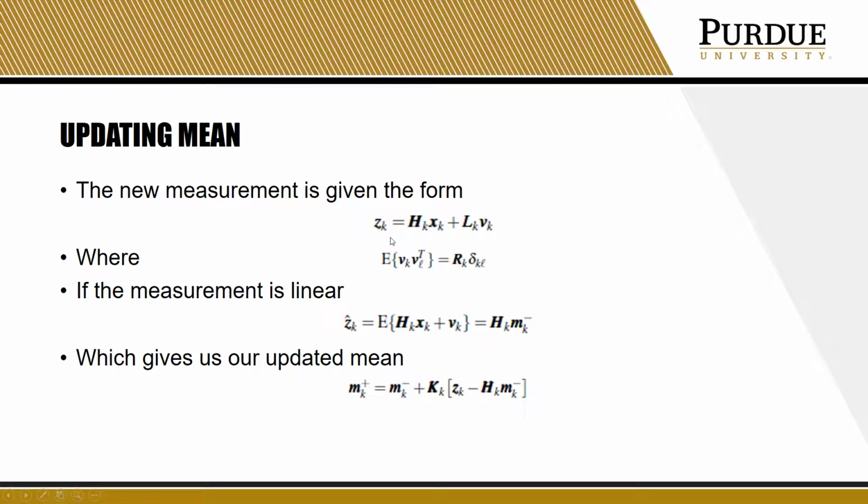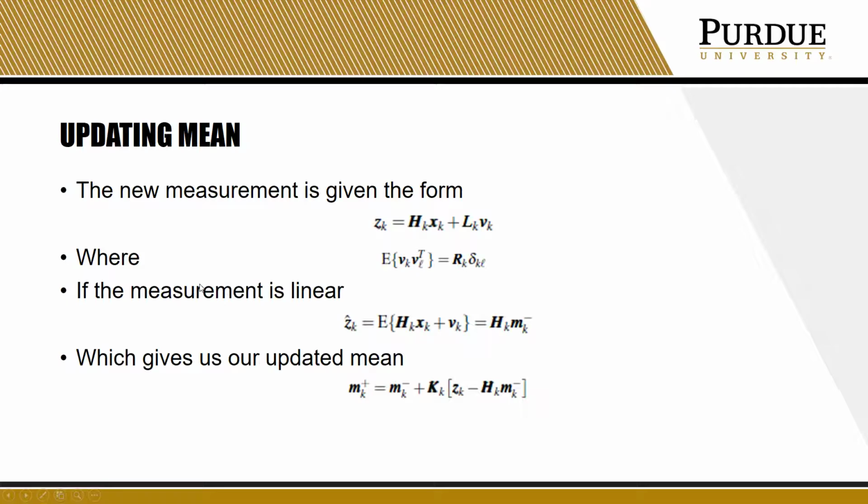So to do this update, we're going to say that our measurement z will take the form H times the state plus L times the measurement noise v_k, where the expectation of v times v transpose will give us this R, which is the noise covariance.